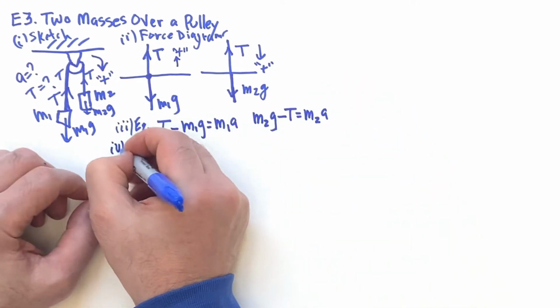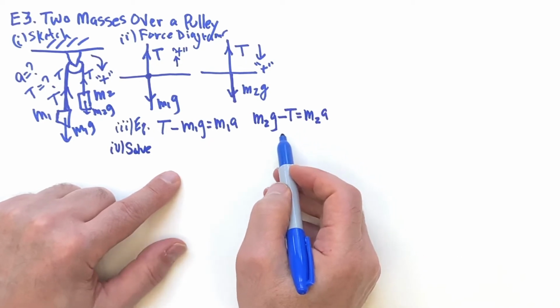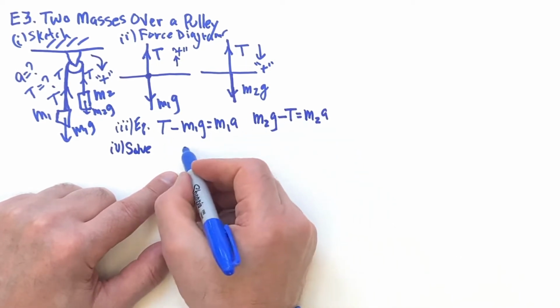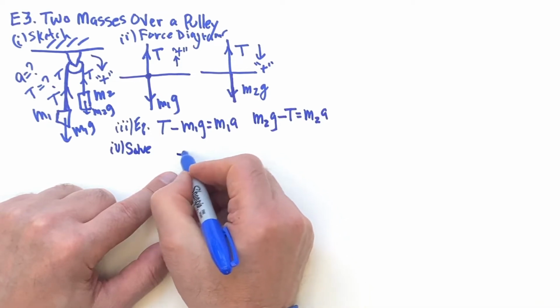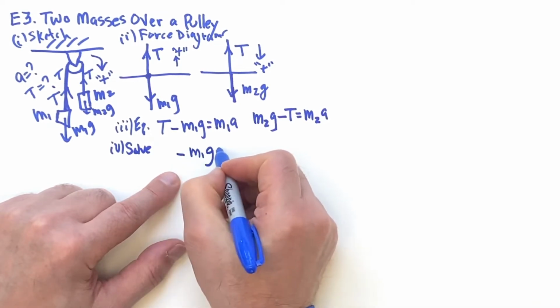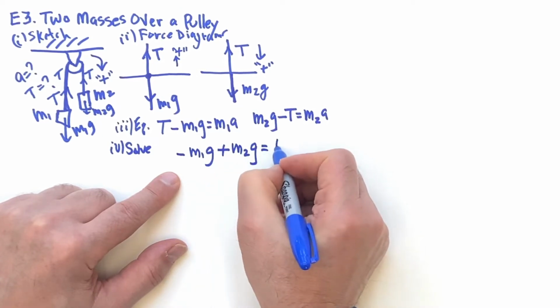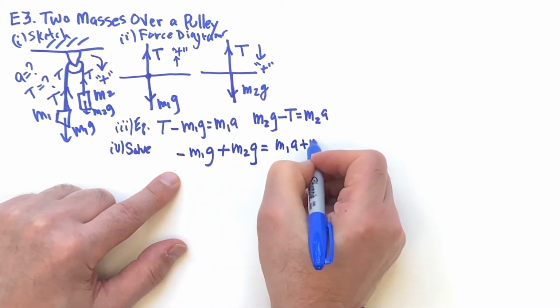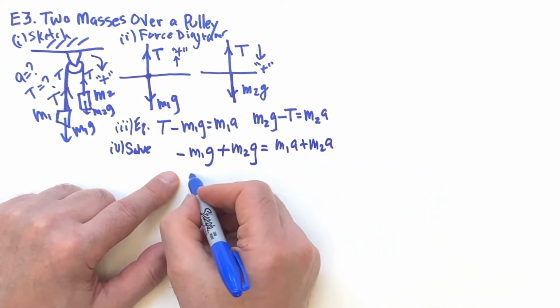So then we solve, and for solving, we add the equations, take advantage of the action-reaction, and then when you do that, you'll have minus M1G plus M2G equals M1A plus M2A, and we're almost finished.